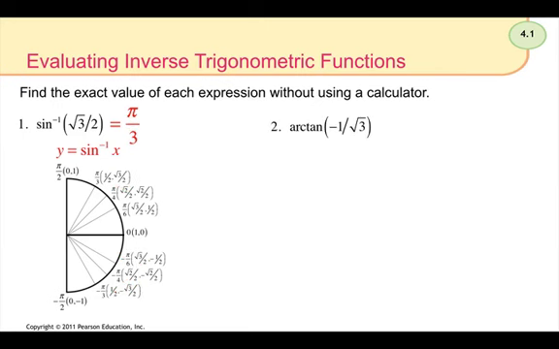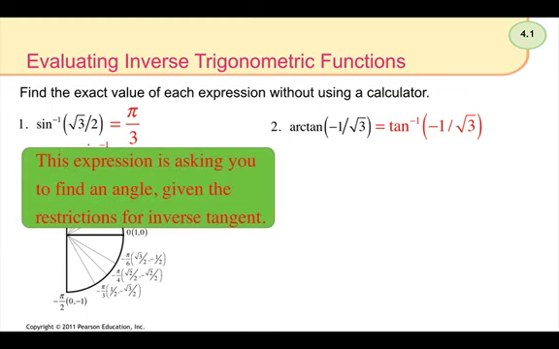So here's number 2. Before I continue with this problem, I just want you to get familiar with the notation. Arctangent of that ratio is the same thing as using this notation: tangent inverse of negative 1 over radical 3. So again, what is this asking you to do? Read what it says here.